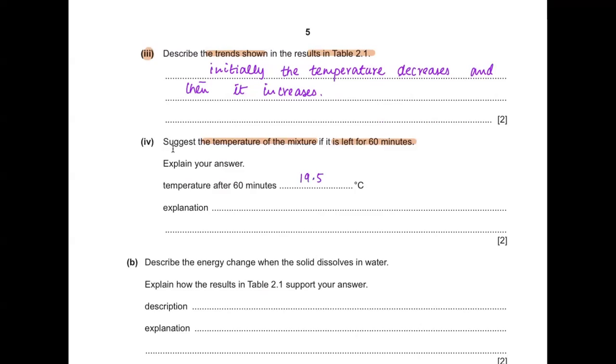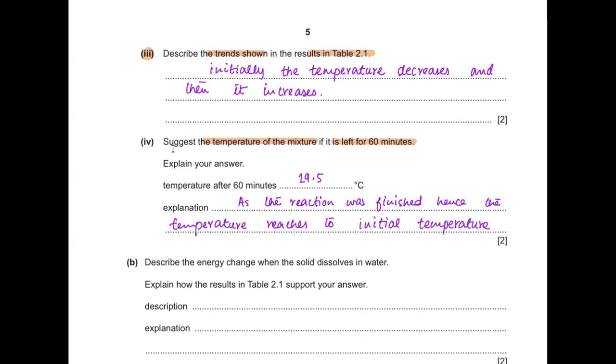So first I mention the temperature, that it is 19.5 degrees Celsius, as the reaction was finished, hence the temperature reaches to, either you can write initial temperature or you can write room temperature. Is this clear?